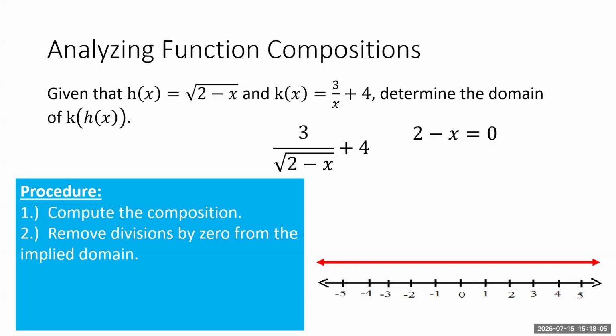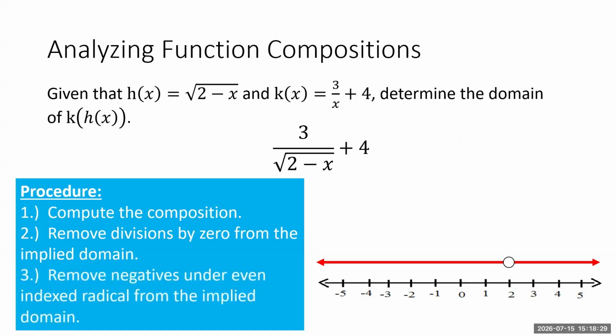We will add x to both sides, and we have that x equals 2 is our solution. Thus, on our red line, we now remove the point 2 and place an open circle in its stead to signify that 2 can no longer be considered as a point in the domain of the function k of h of x.